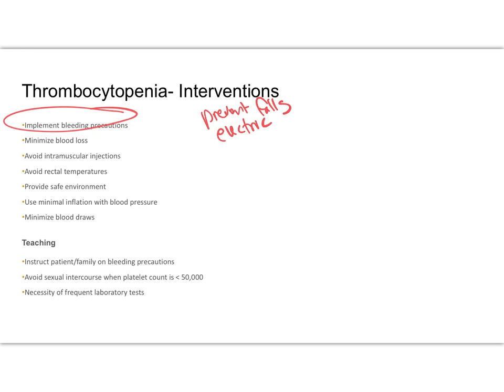So sharp knives on bleeding precautions is a good thing because you're less likely to actually cut yourself. Which is weird, because it's going to cut easily versus something that's dull. With a dull knife I'm going to put more pressure, and sometimes they shift. That's the one that I don't think totally makes sense when I see it on exam questions. So I want to highlight sharp knife is good with bleeding precautions because they're going to cut themselves less, as long as they're not really trying to cut themselves, right?